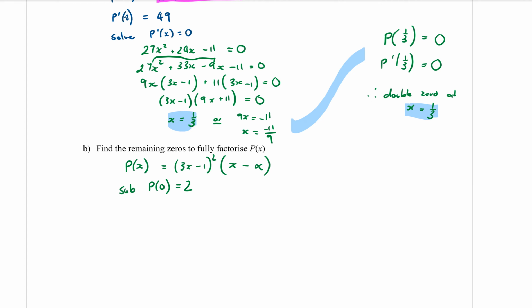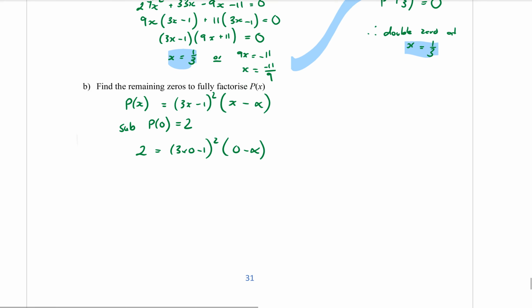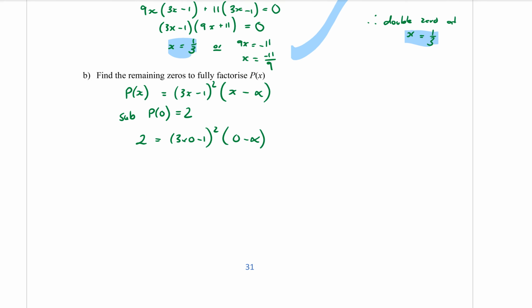So that means 2 equals 3 times 0 minus 1 squared is equal to 0 minus alpha. Now 3 times 0 is 0, minus 1, and minus 1 squared is just 1. 0 minus alpha is minus alpha.